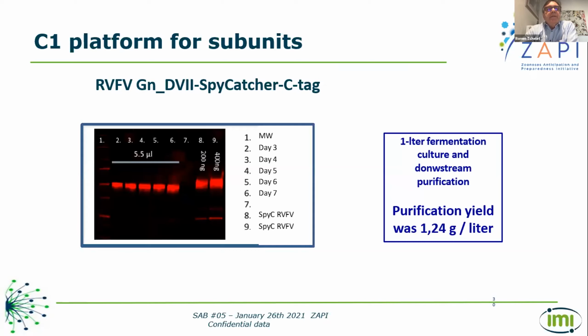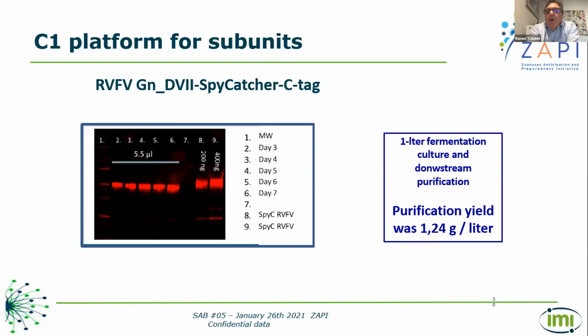Here we were trying to express the Rift Valley fever virus antigen, the GN. And here we also use the same cell line, as you can see on the Western blot gel. You can see very nicely that the antigen was produced at a high level. Already by screening of only, let's say, 6 candidates or transformants, we were able to identify the right cell line.